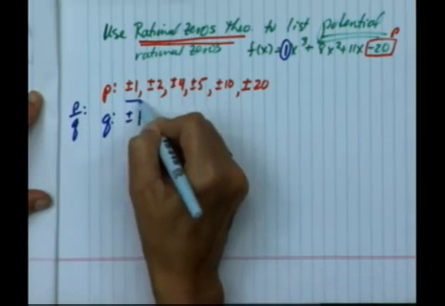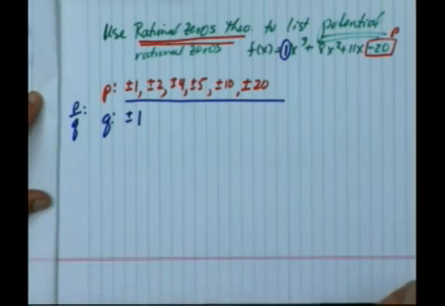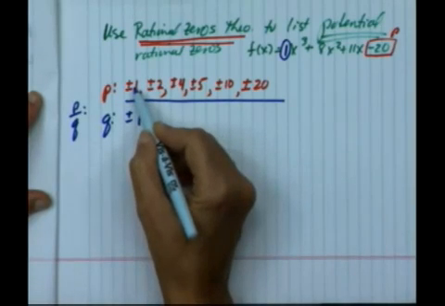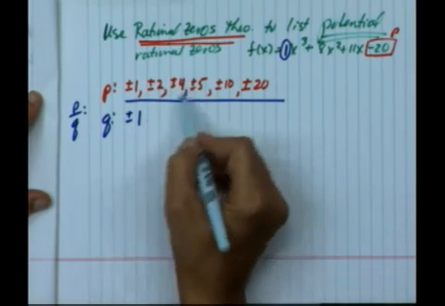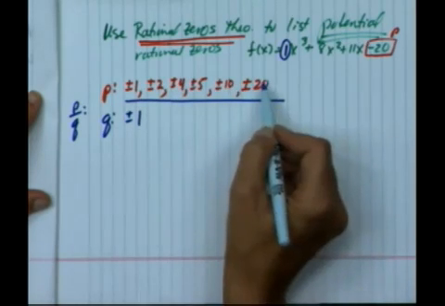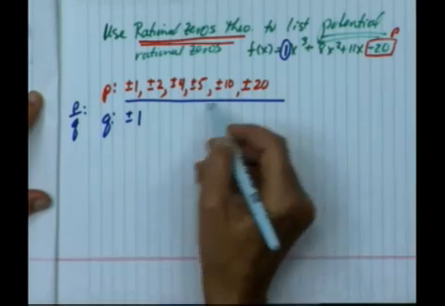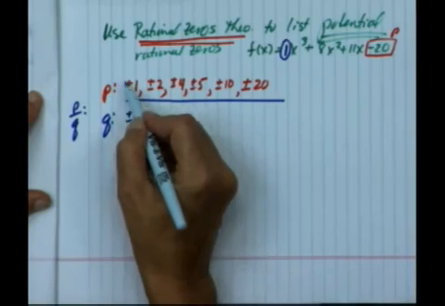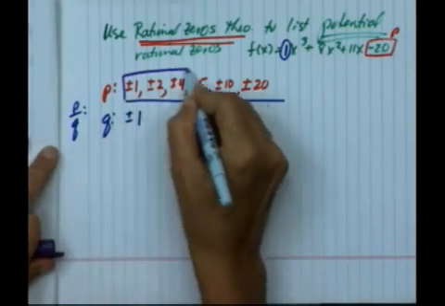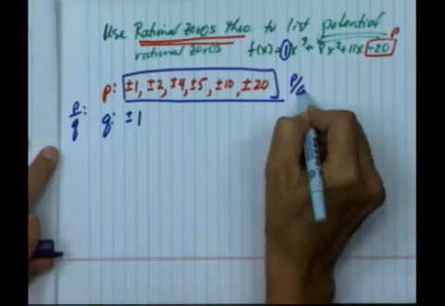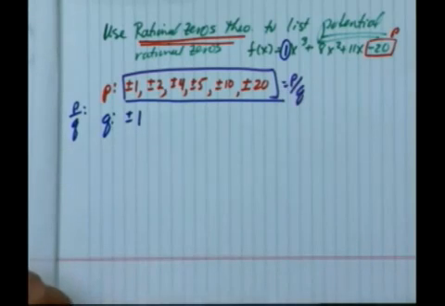So I draw a little line here and write plus or minus 1 over plus or minus 1, 2 over 1, 4 over 1, 5 over 1, 10 over 1, 20 over 1, and I'm not going to rewrite that because they're all over plus or minus 1.